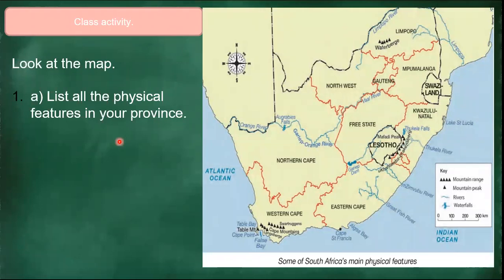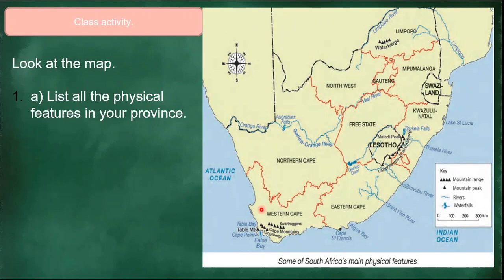Ma'am, I'm from the Western Cape, ma'am. Okay, let's look for the Western Cape so that everyone can see. Yes, I'm pointing it. Western Cape, we are here. Ma'am, we have that mountain range, ma'am.